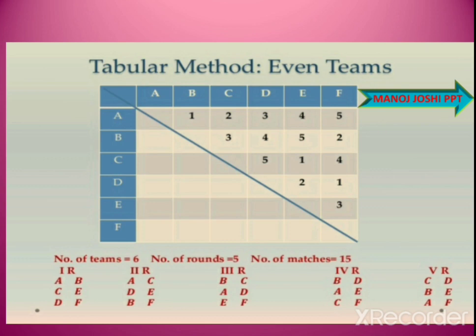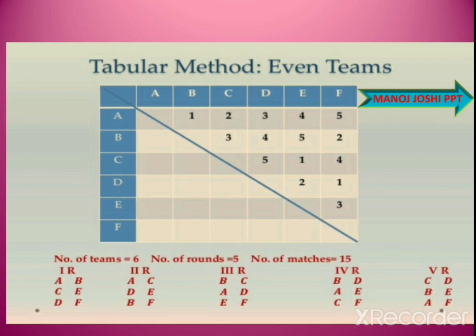So now we start writing the numbers from the box that is not cut. Without cutting the box, we are writing 1, 2, 3, 4, 5. Last number is 5.